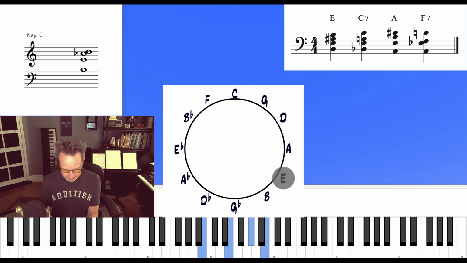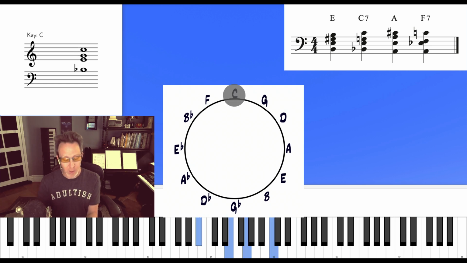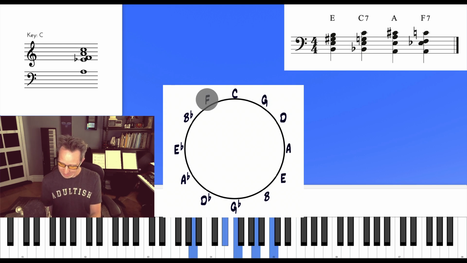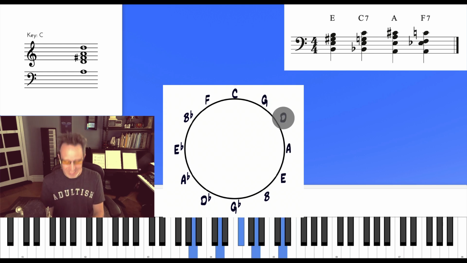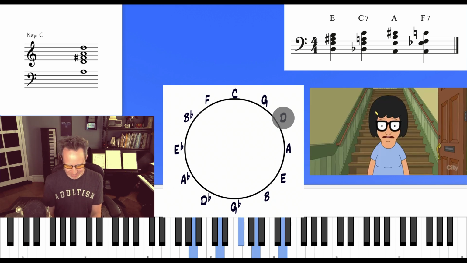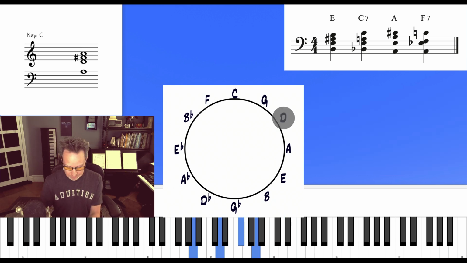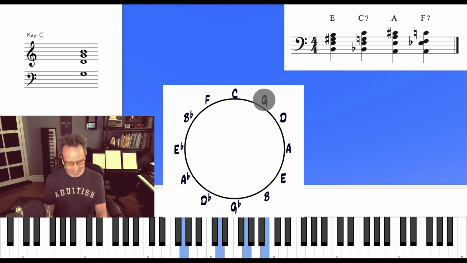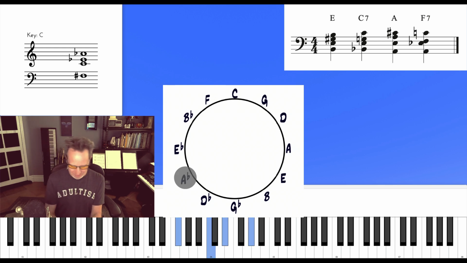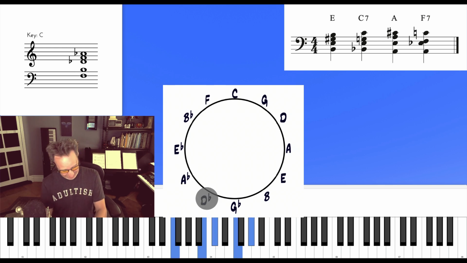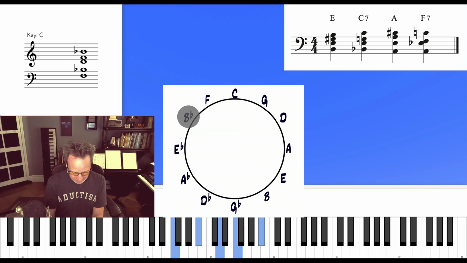From E to A, and then F7 to D, right? Follow me? Not really. And then from D, B flat 7 to G, E flat 7 to C, A flat 7, F, D flat 7, B flat.